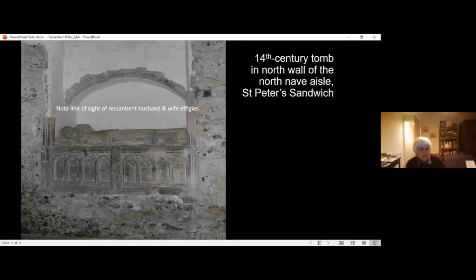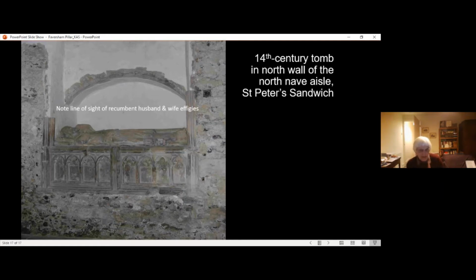But I just want to point you to this tomb in Sandwich in St. Peter's Church. If you look at the recumbent husband and wife effigies, and you follow the line of sight of the images of the effigies, you would find that they are at the point in front of the altar where, at the point of transubstantiation, the chalice would have been held.